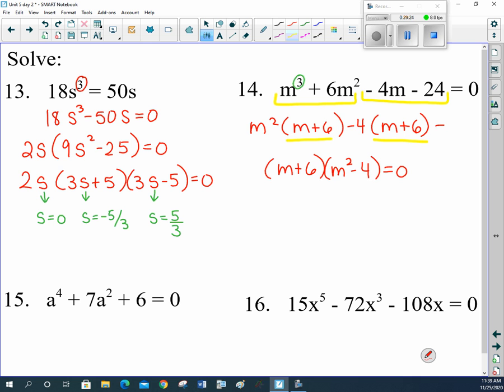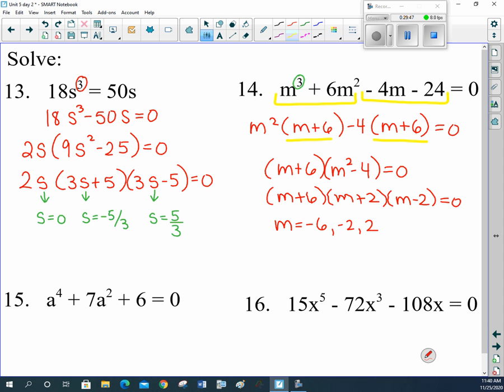This is all equal to 0. Don't forget your equal sign. And then m squared minus 4 factors, that's the difference of squares. M plus 2 and m minus 2. So m equals negative 6, negative 2, and positive 2. There's your 3 answers.